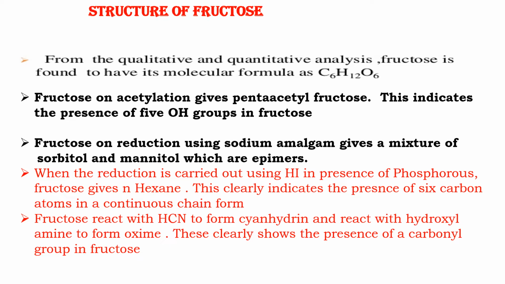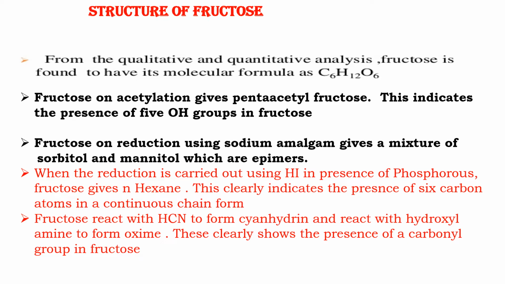When fructose is reduced using hydrogen iodide in presence of phosphorus, it gives hexane. This clearly confirms the presence of 6 carbon atoms in the continuous chain form for fructose, same as in glucose.